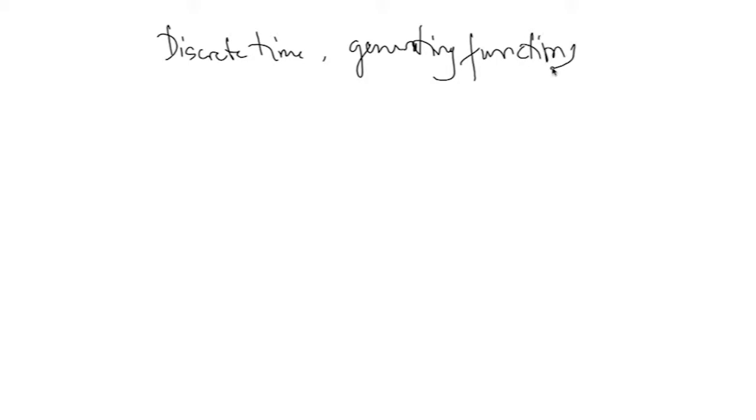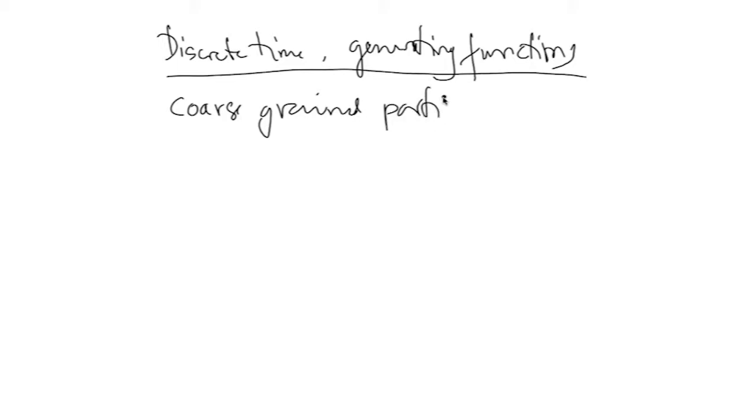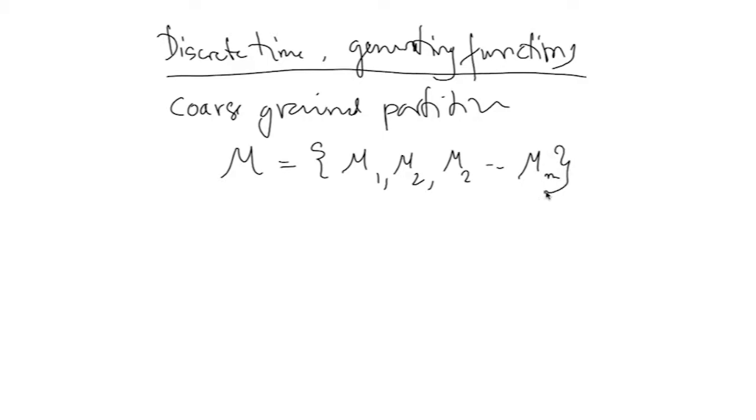So we start by a coarse-grained partition. Meaning that we divide our state space into M regions, which we label arbitrarily M1, M2, to MM. And the simplest dynamics is counting dynamics or topological dynamics.